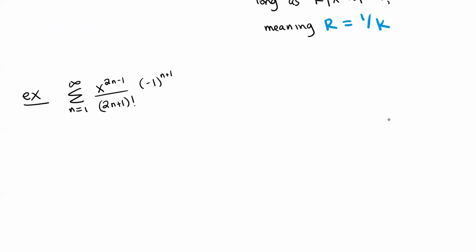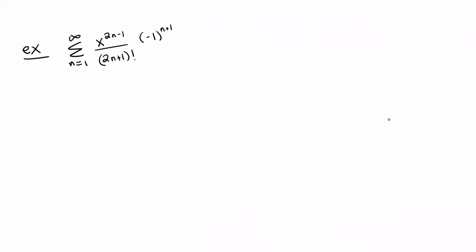All right, so let's look at an example that's a little bit different from the other two examples that we looked at earlier. So here is our power series that we're working with, and we want to know what is the radius of convergence for this power series.